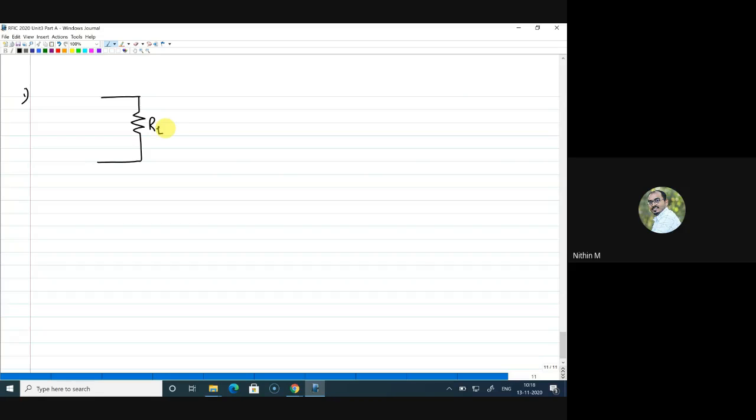Now, what I can do is use reactive elements. So what I'll do here is connect a capacitance here.